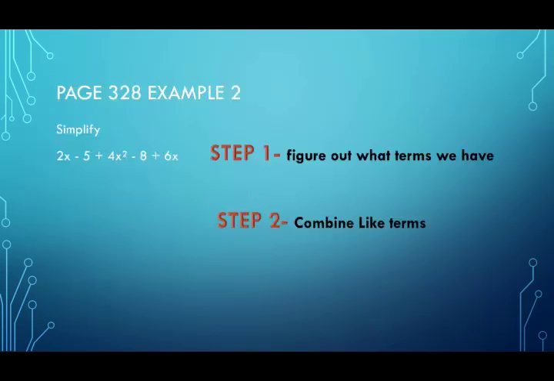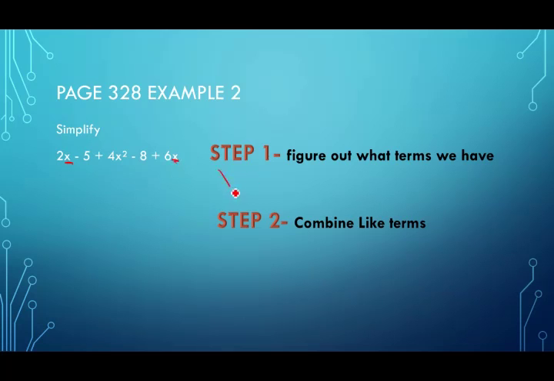Alright, so on page 328 of your book, example 2 is the very first time we see it. It says simplify, and it's 2x minus 5 plus 4x squared minus 8 plus 6x. So our first step is to figure out what terms do we have. So we see we have an x here, and we have an x here.